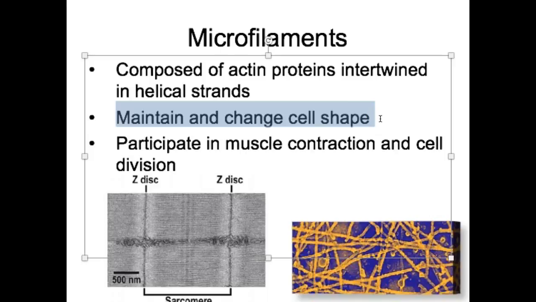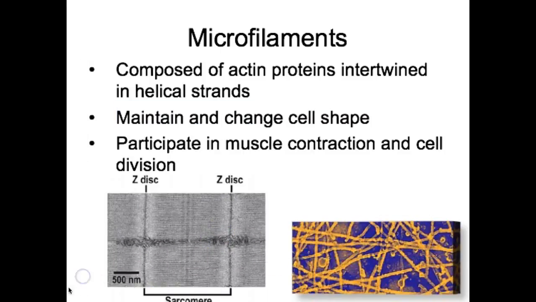It'll develop something called a foot process that is made out of microfilament. It's a helical strand. It participates in muscle contraction and cell division. So our muscle contraction from microfilaments, you're going to need to know all about something called actin and myosin that will be found in this banded pattern here. Later this semester, we will talk all about it.